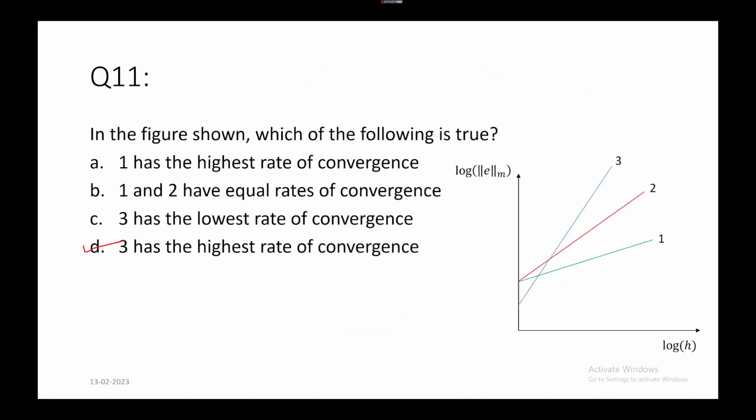Yeah. So this was the question we were seeing, right? So yes, the answer is D. We just saw that the slope of the graph is nothing but your P, which is nothing but the rate of convergence.